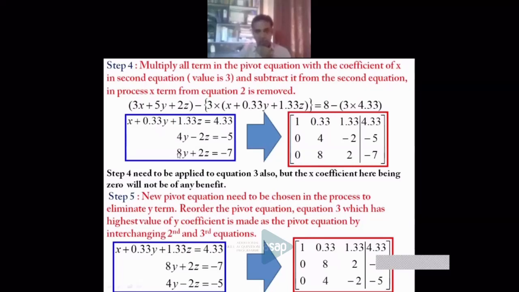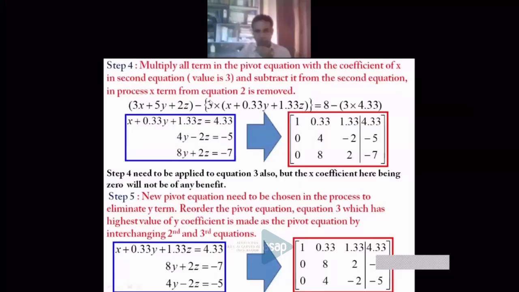If you apply it here, instead of 3 you have taken 0, which means when you subtract 0 times this equation, no change will happen. That's why we didn't operate upon this. So we now have two equations in y terms and z terms. The first change you have brought about is the operation using the first equation as the pivot equation.